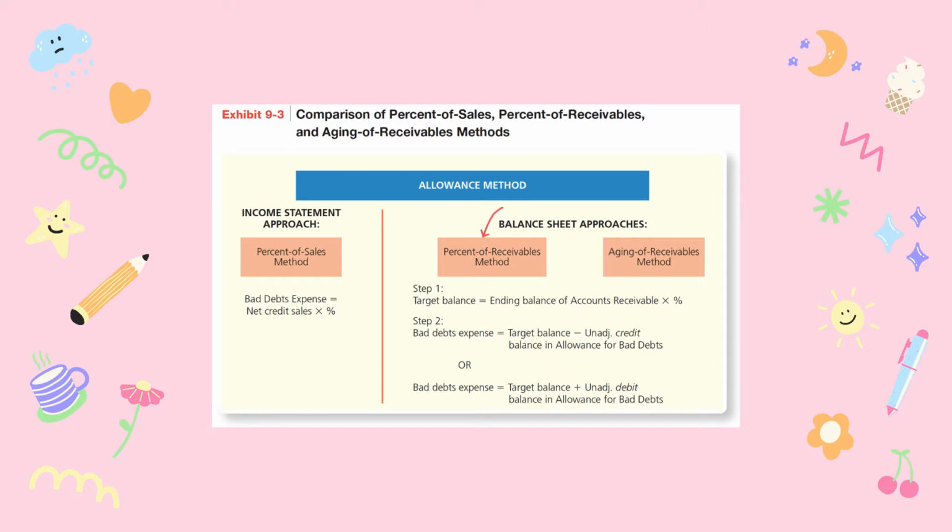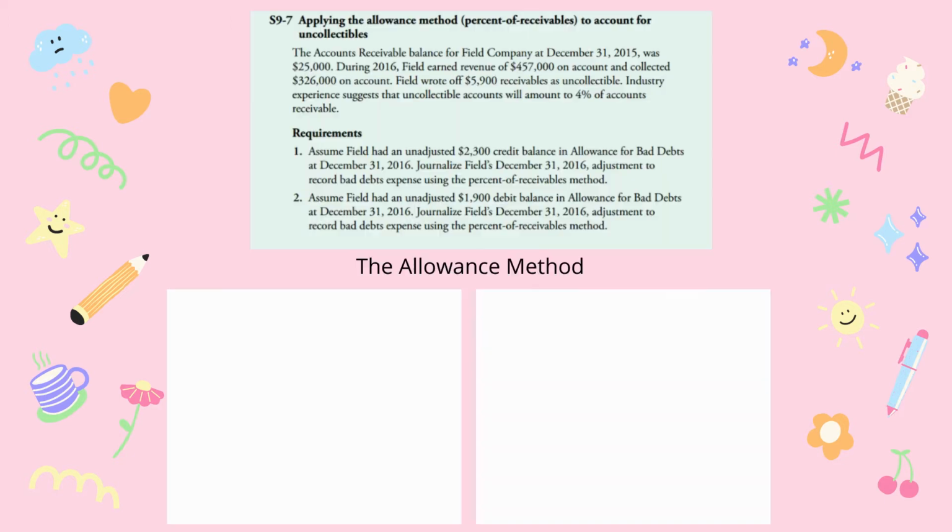If you have a debit balance, we add to solve for X. If we have a credit balance, I need to subtract to solve for X.